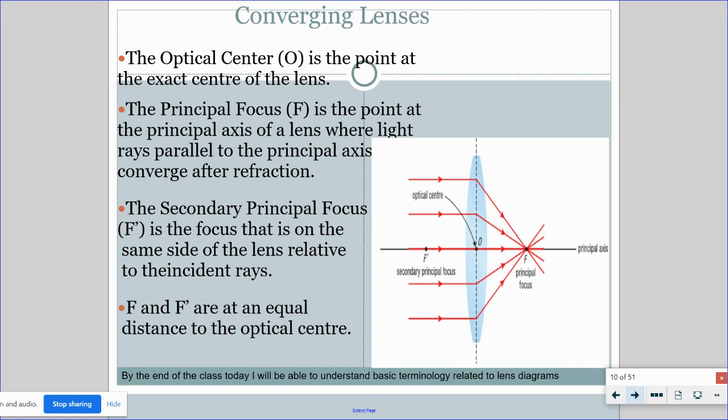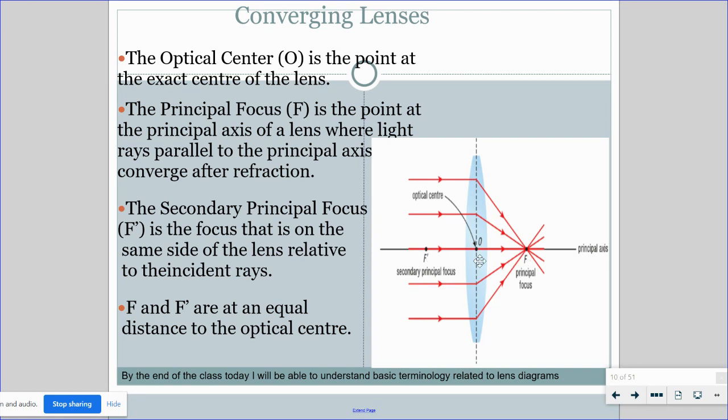So in a converging lens, the optical center is called O. It's kind of like the normal of the lens. It's the center point here in the middle. The principal focus, F, is the point at the principal axis of a lens where light rays parallel to the principal axis are going to converge after refraction. The secondary principal focus is the focus that is on the same side as the incident rays.